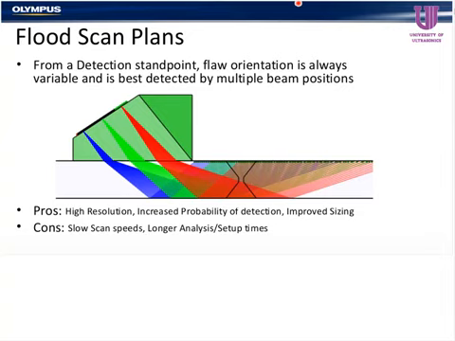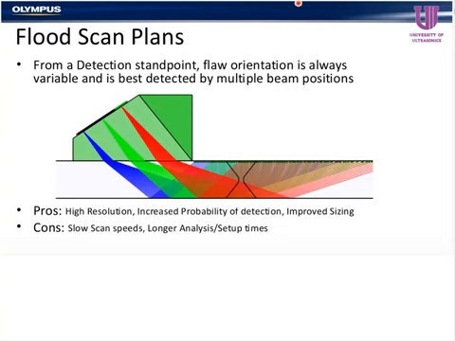It may turn away from you. It may turn up and down. It may be transverse to you. If you take that approach of not knowing and not being able to rely on a particular orientation of a flaw, the only way to reliably detect it is to approach that indication from multiple positions.